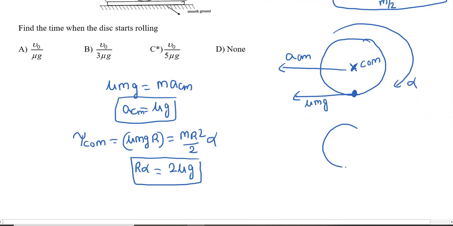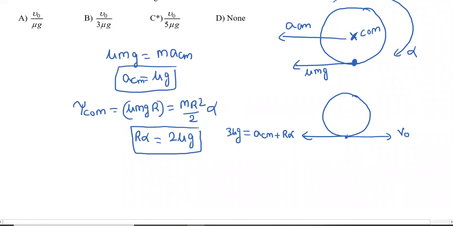So we got the value of acceleration of center of mass and r alpha both. Now if you look at this downmost point, which is in contact with the plank, it has two accelerations, that is a_cm plus r alpha. Both are towards left only, and this value is equal to 3 mu g. But the downmost point velocity is right side, it is v naught. Initial velocity is right side v naught, and it has an acceleration 3 mu g towards left.